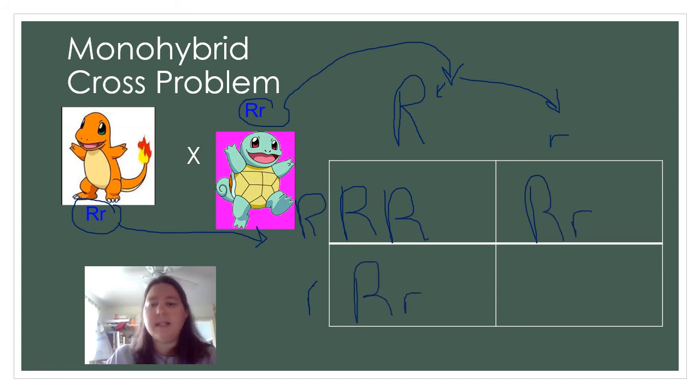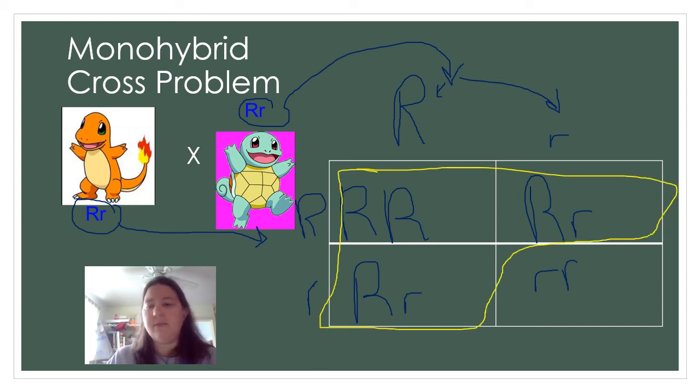So the same kind of deal, we end up with 75% of the offspring having a dominant phenotype, and 25% of the offspring having the recessive phenotype, whatever the recessive phenotype might be. That's what's called a monohybrid cross, because you're just looking at one trait, and it's one little Punnett square.